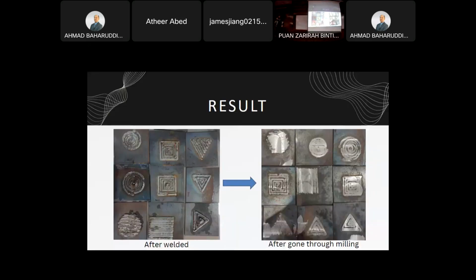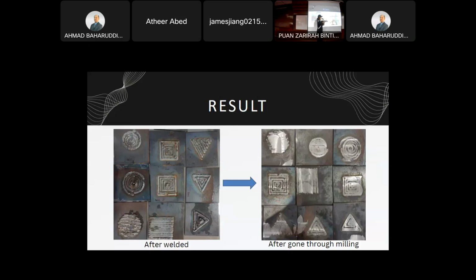So this one is the result of my experiment one. This is before, this is after welding, and this picture is after going through milling. As we can see, the most successful pathway is linear contour parallel for the circle shape, rectangular, and also triangle.